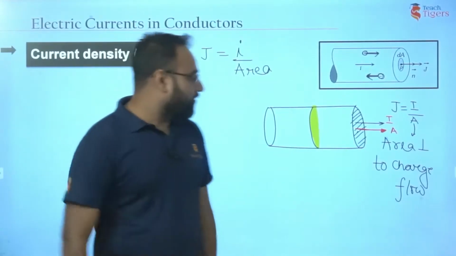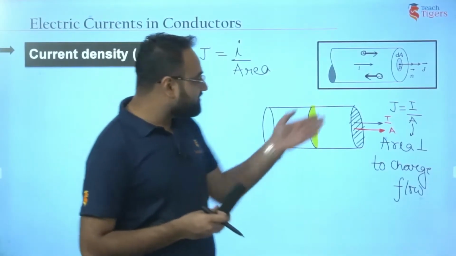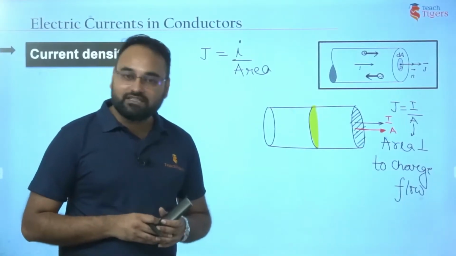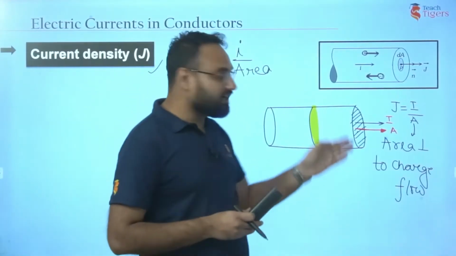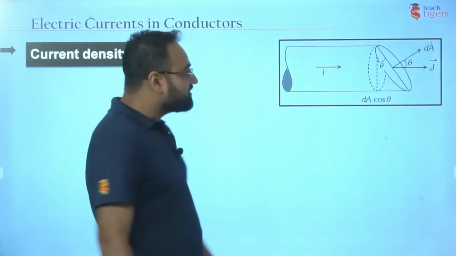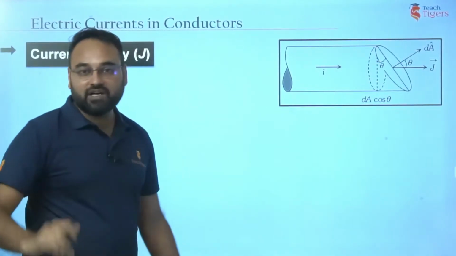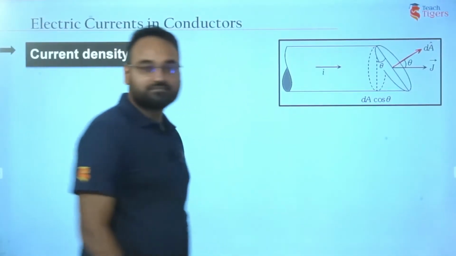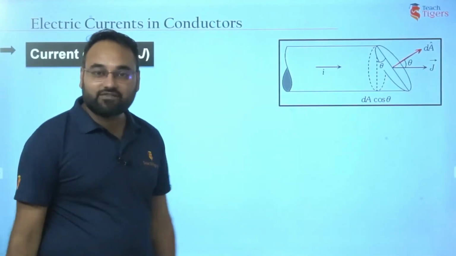Now a thing comes to our mind: what will happen if this cross section is not perpendicular? In that case, we take the component of area which is perpendicular to the flow of charge. Say we have an area which is not perpendicular, and the area vector is like this, at an angle theta with the current.